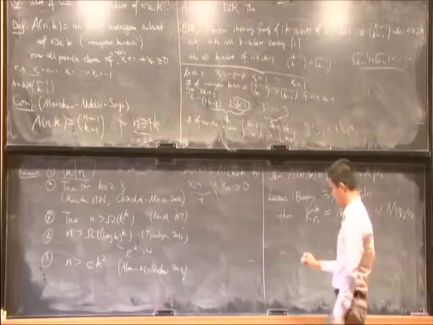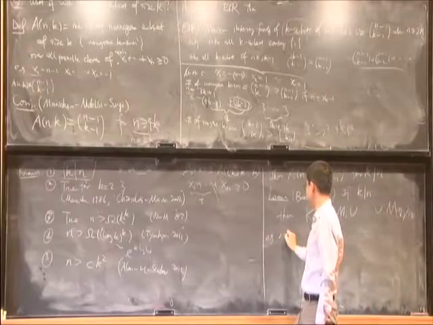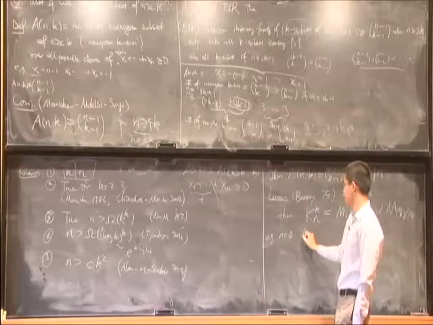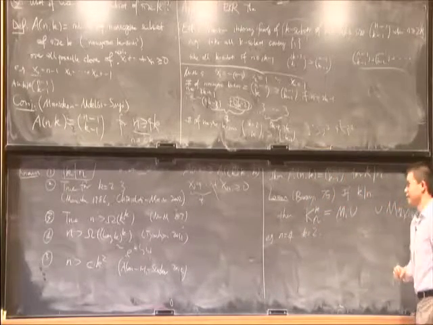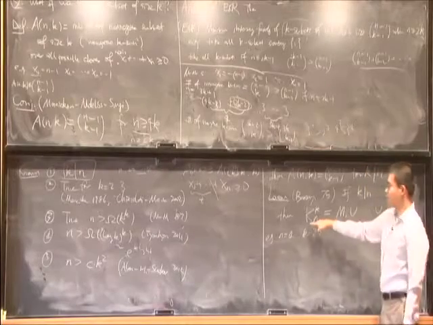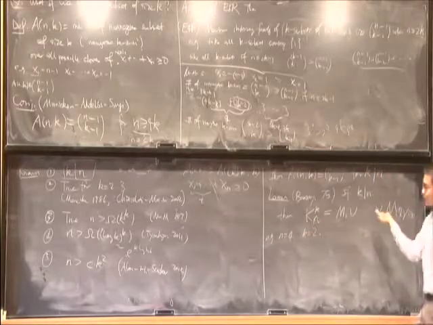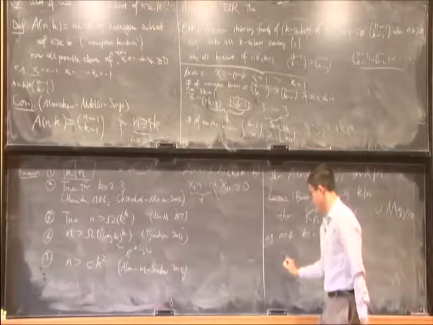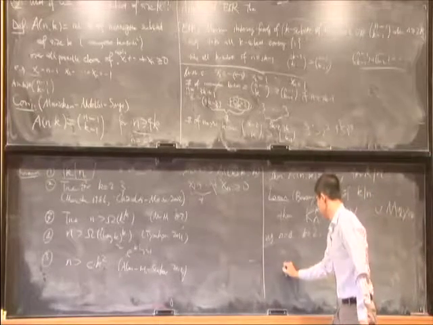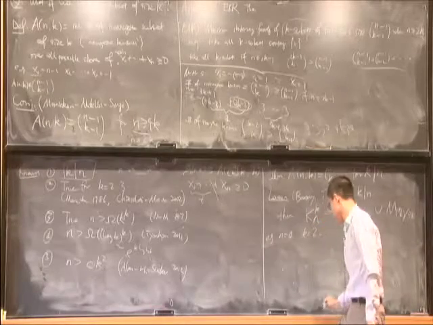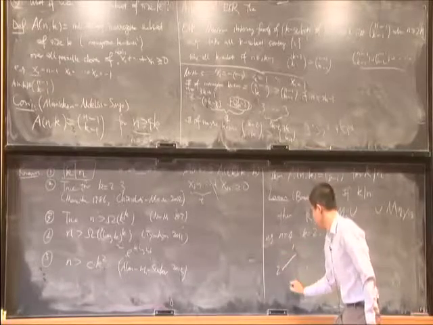And let's see an example. For example, if you have n equal to 4, k equals 2. So basically, we are looking at a complete graph on 4 vertices, and we want to partition the edge set into disjoint matchings. So what we can do is, let's say 1, 2, 3, 4.